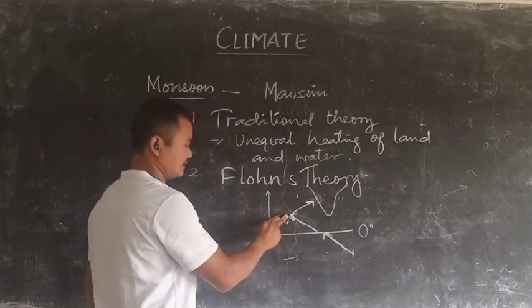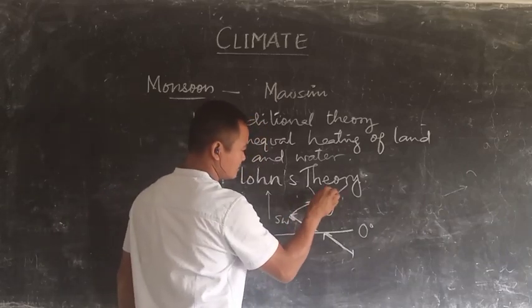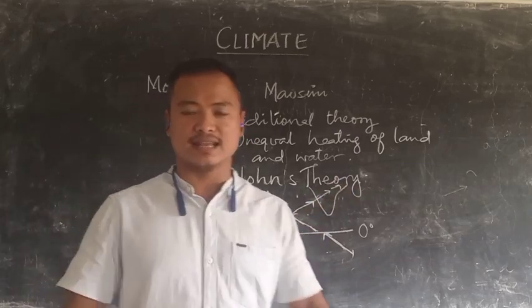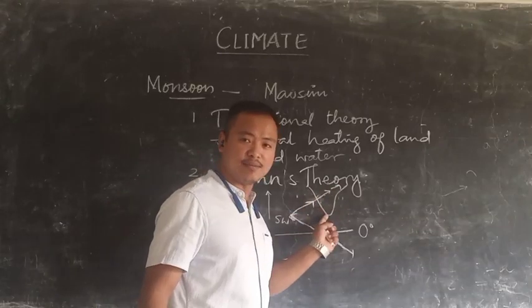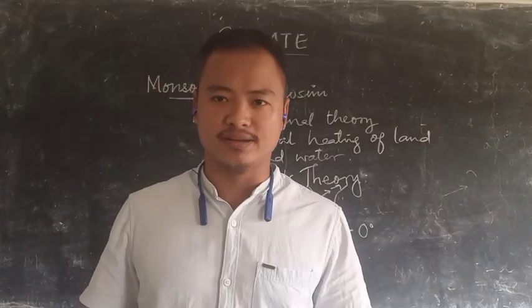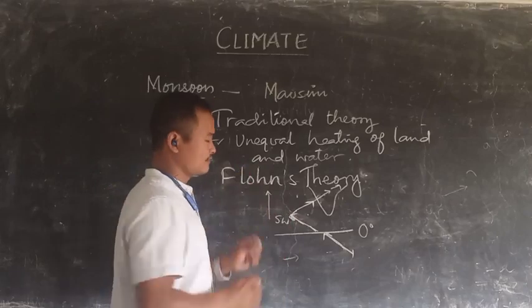The southwest wind that originates blows over the water bodies and starts moving towards the land masses. As it blows over the water bodies, it carries a good amount of moisture, and this is where the low pressure is formed over Indian land masses, and thus it's attracted towards India, causing heavy rainfall. So this is all about the monsoon and its formation.